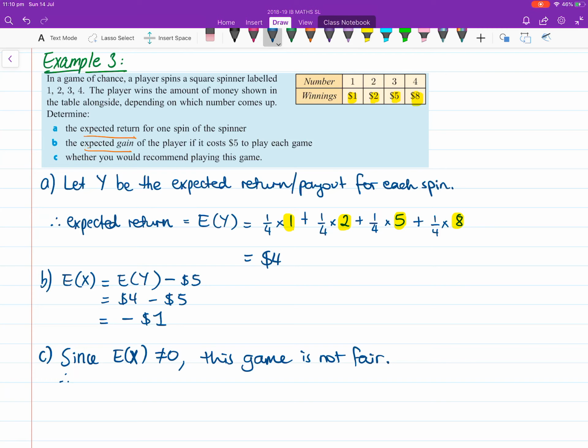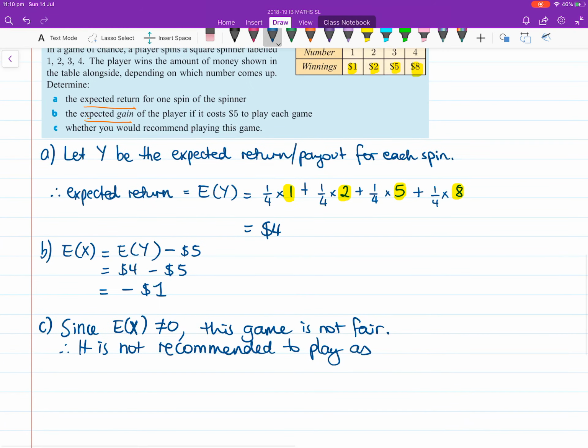Therefore, it is not recommended to play, as the player loses on average $1 each spin, or each go he or she has at the game. Does that make sense?